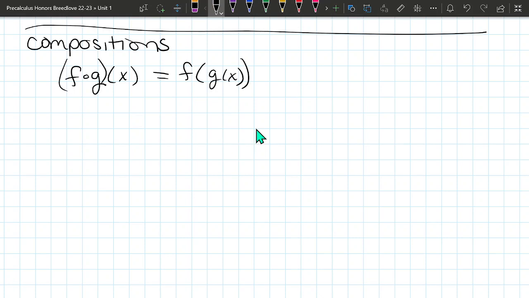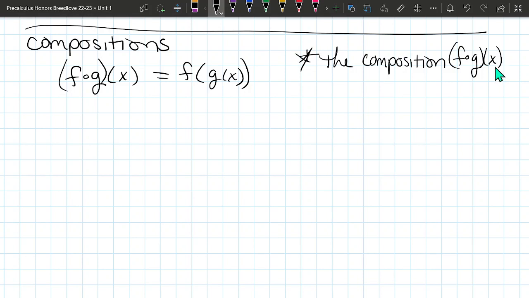So an important note about the domain is the composition f of g of x inherits the domain of g of x.